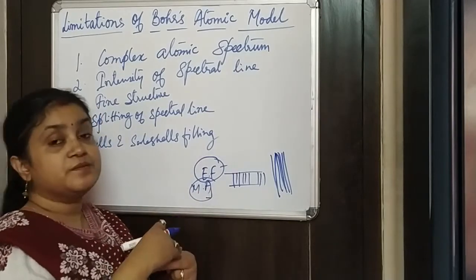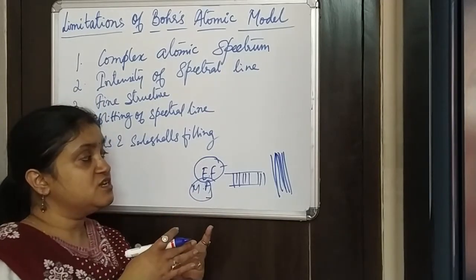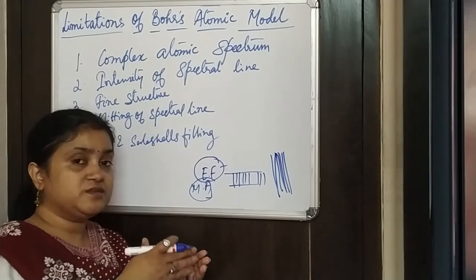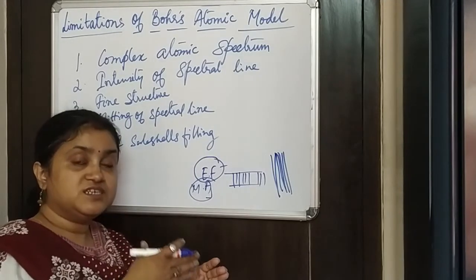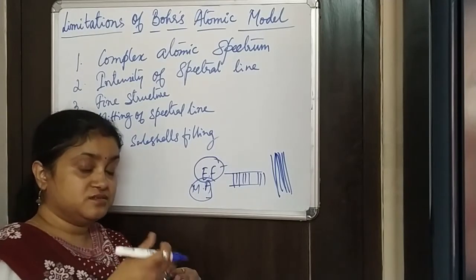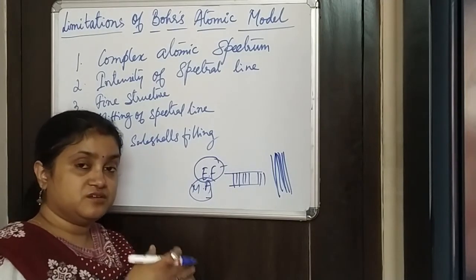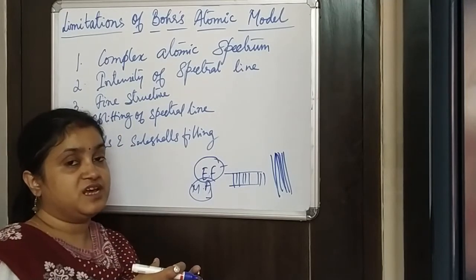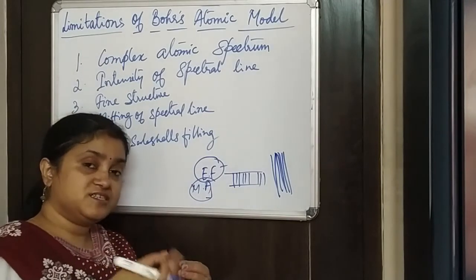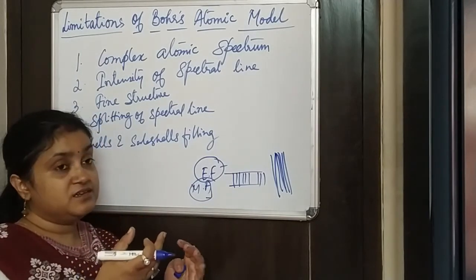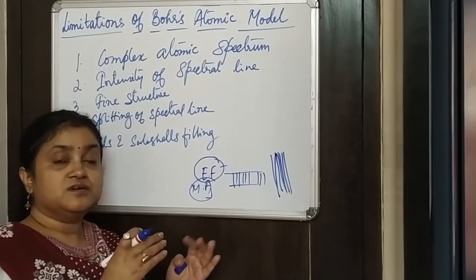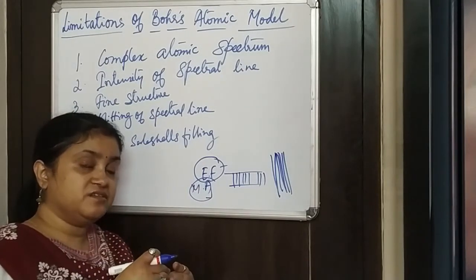So these are the various discrepancies and limitations that led to Bohr's atomic model having to be rejected. It explains things to a certain level, like the hydrogen atom, but when it comes to the splitting of spectral lines, the intensities of spectral lines, the Stark effect, the Zeeman effect, the filling of shells and subshells, or why such complex atoms have such a spectrum, these could not be explained by just the three postulates that Bohr has given.